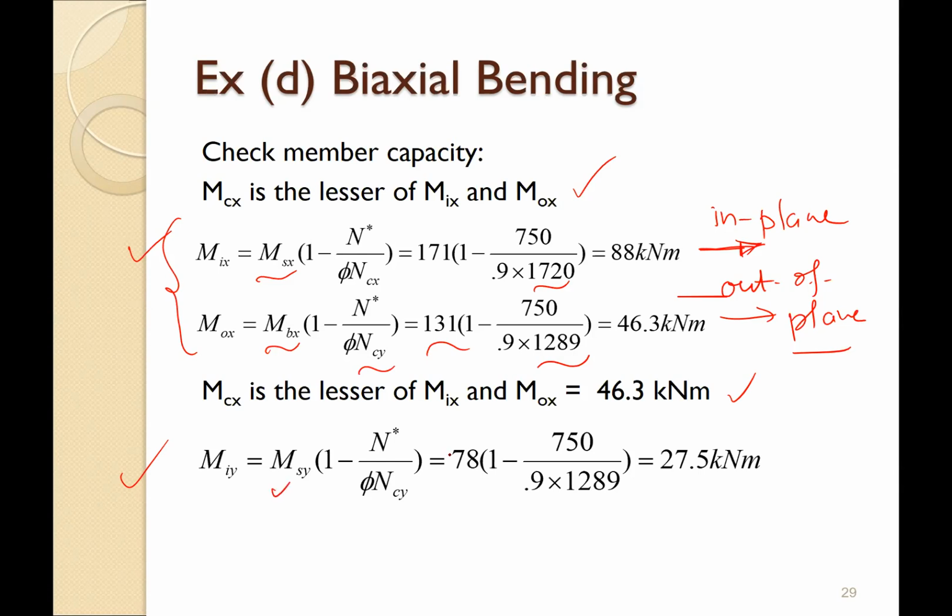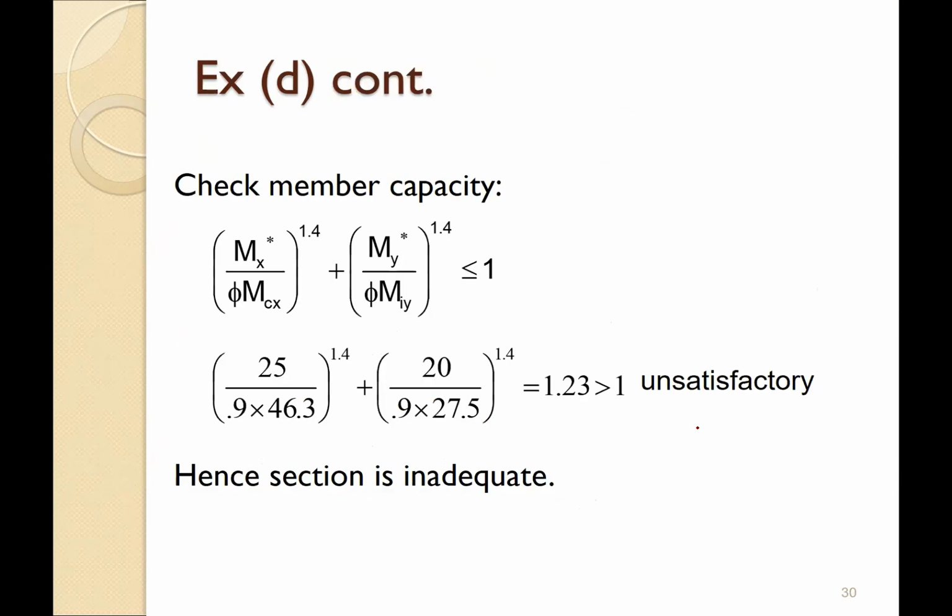So MSY is 78, and then NCY is 1289. So this is 27.5 kilonewton meter. When you only consider the in-plane one, it was 88. Now we are only considering bending and buckling in YY plane. It's 27.5. So much reduction in the capacity.